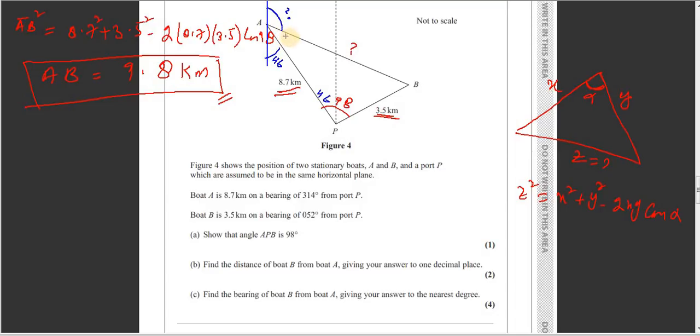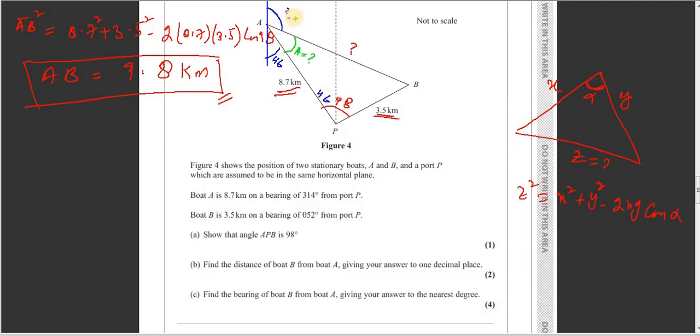This internal angle can be found using the sine law. So we can figure out angle A, and then the total angle is 180, so we can subtract the sum of these two angles from 180 to figure out our required one.